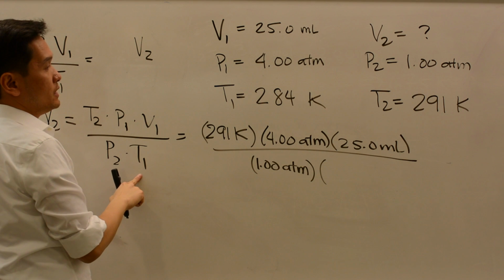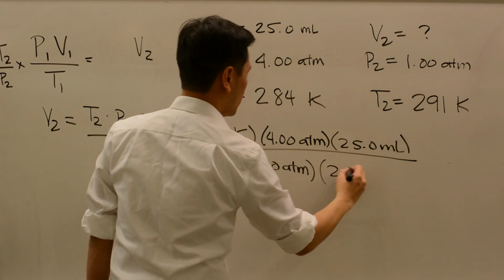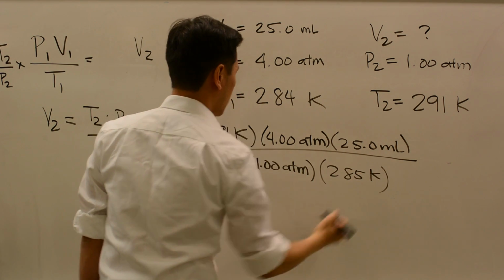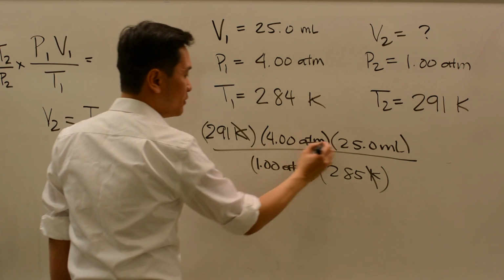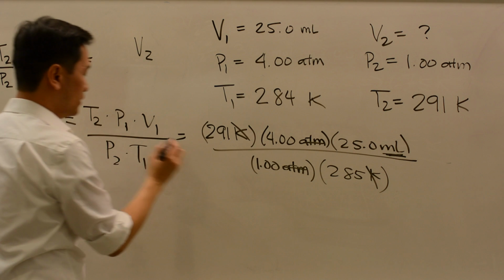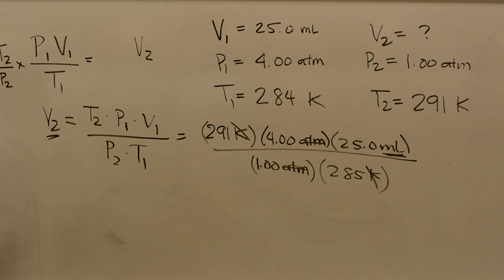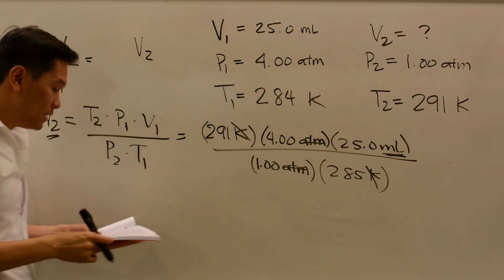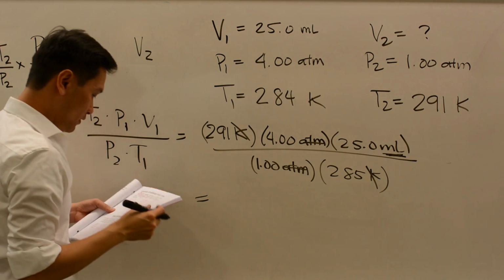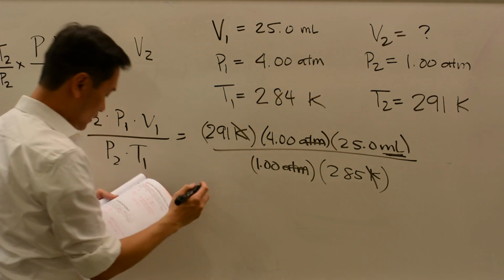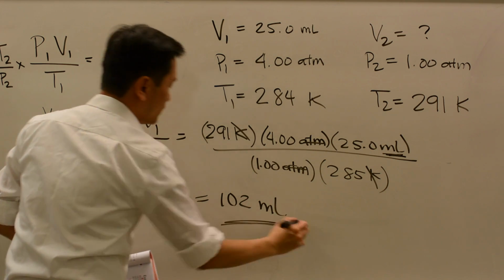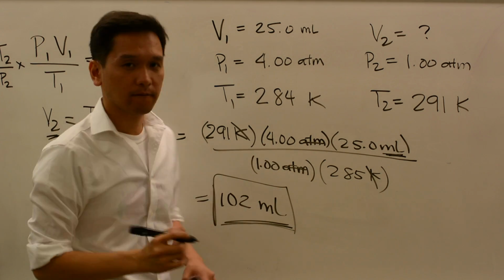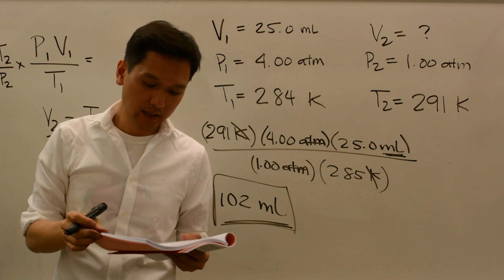And T1 is 285. Okay, cancel out Kelvin first. Atmospheres, atmosphere, leaving us ml, which is a unit of volume, so that's good. You do that and you should get, okay, there's 3 sig figs, so our answer is 102 ml. Great.